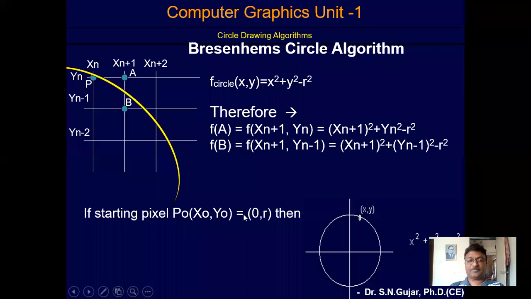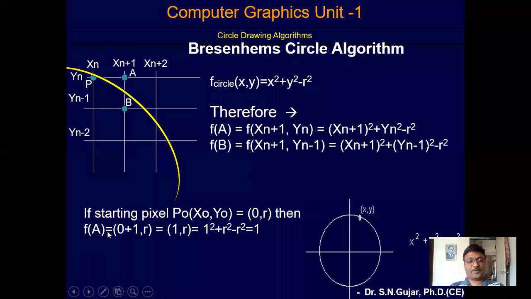So what does my p0 become? That is the starting pixel, so p0 becomes (0, r). Suppose this (0, r) is on the circle, and a and b are both on the circle. Can I put this (0, r) in my a and b equation? Yes.